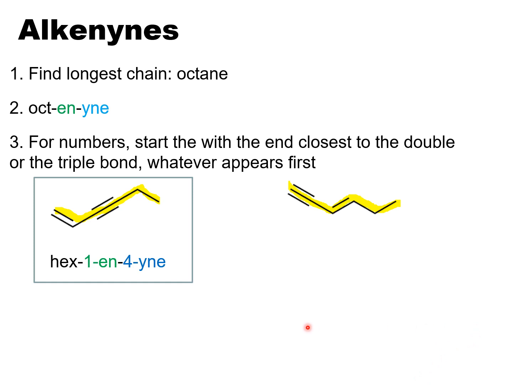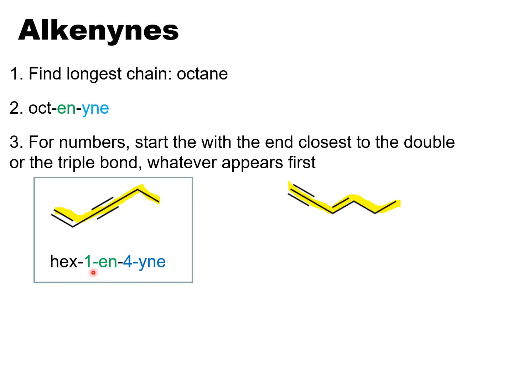And instead of writing like we did before, you see that now we put those numbers right attached to the suffix. We could have written 1-hexene, but because there are 2 bonds and there can be a bit of ambiguity, we want the numbers right close to the suffix that they belong to.